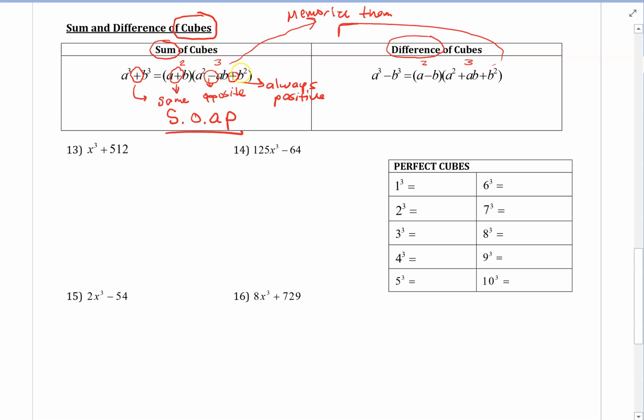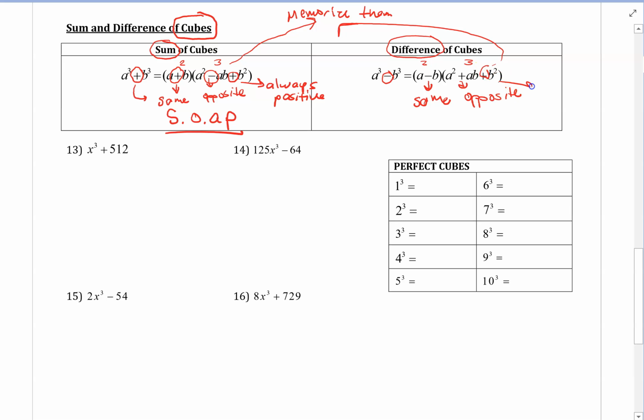Opposite, because it's always opposite. Always positive. Notice this, it happens here too. The same sign in this case was negative because the problem itself had a subtraction. So then the first factor will also have a subtraction. And now the middle sign is positive because it's opposite that first sign.